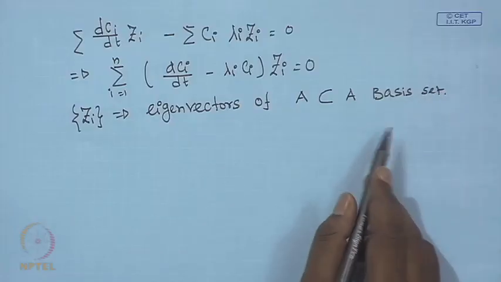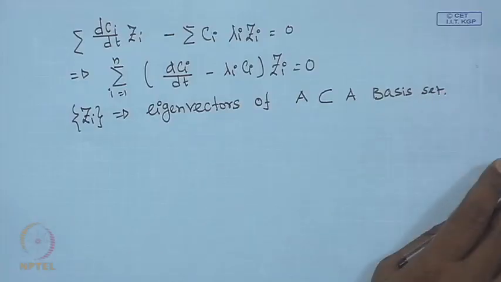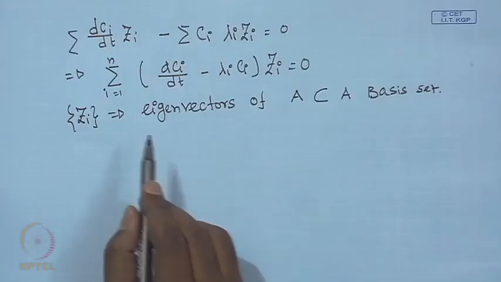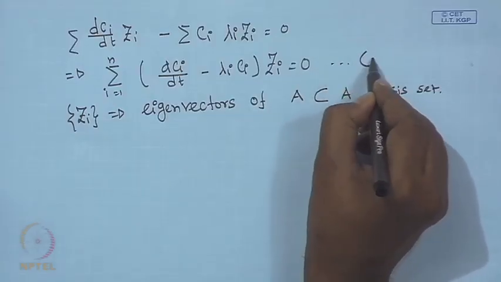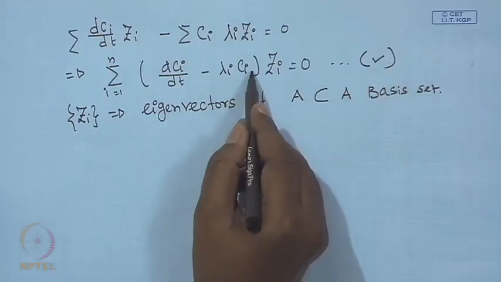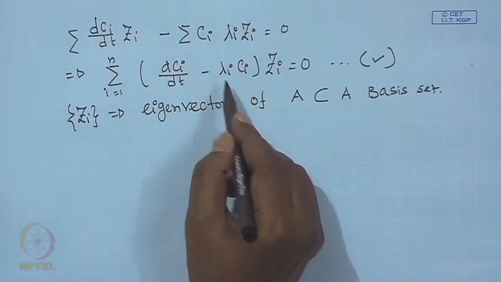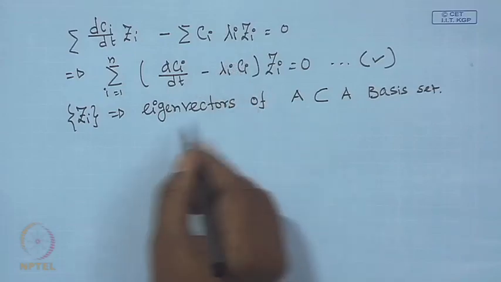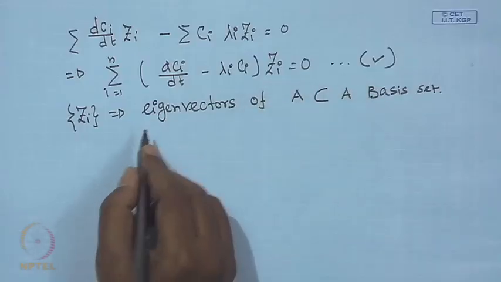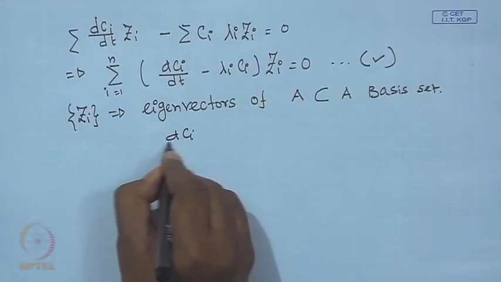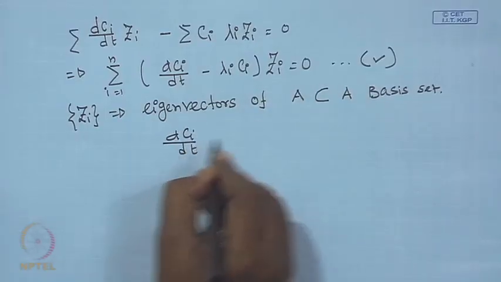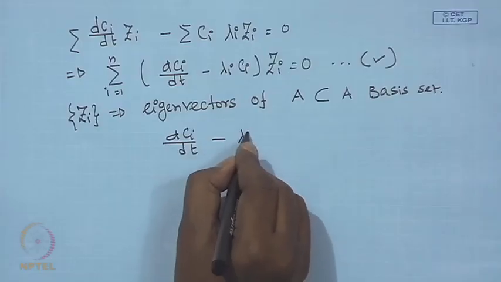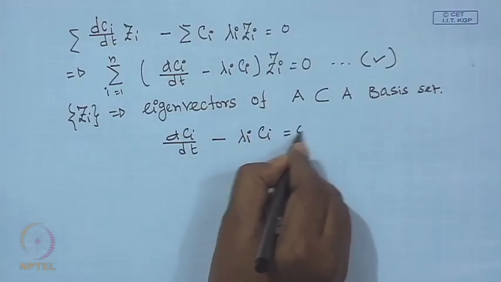The basis set is a set of independent vectors. So, in order to satisfy this equation, all the corresponding coefficients should be equal to 0. We have already proved this theorem earlier. So, dc_i/dt minus lambda_i c_i should be equal to 0.